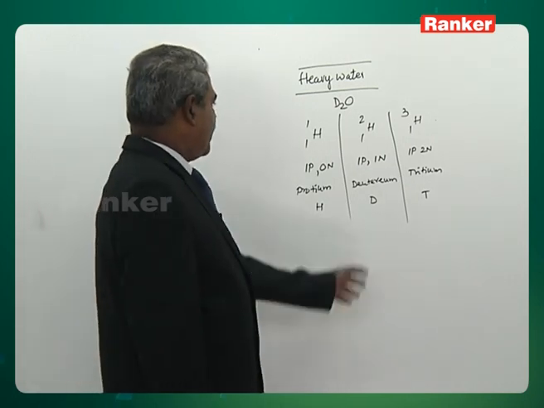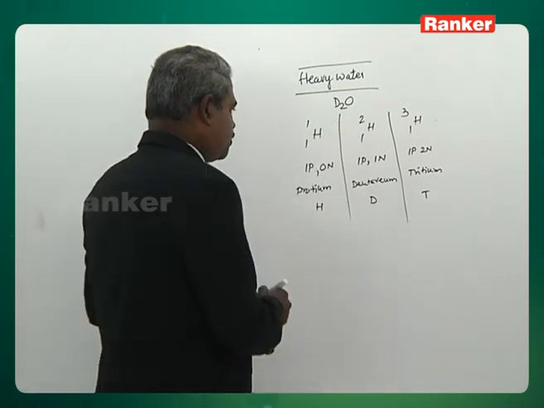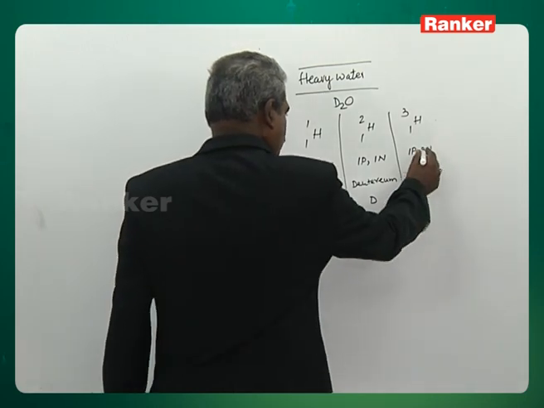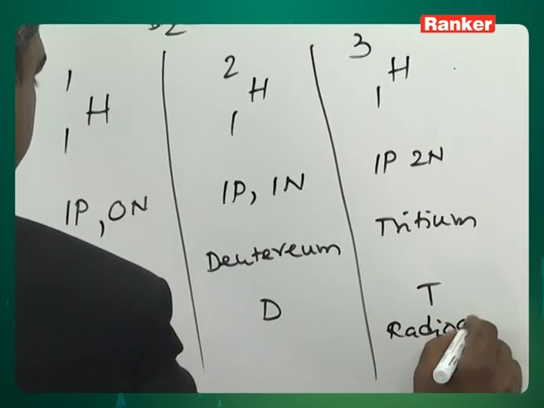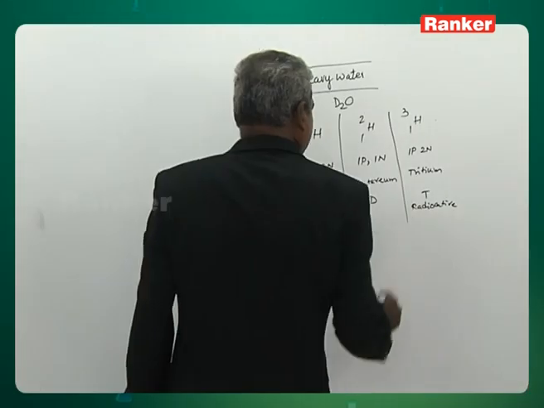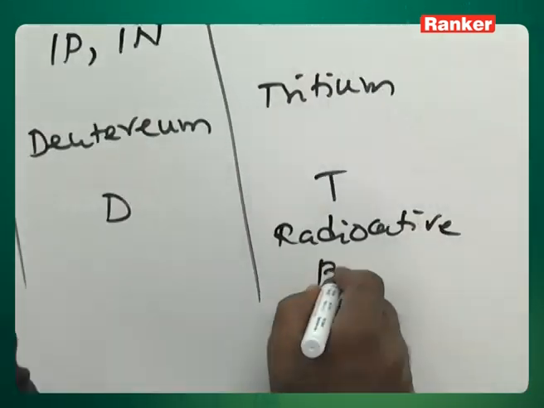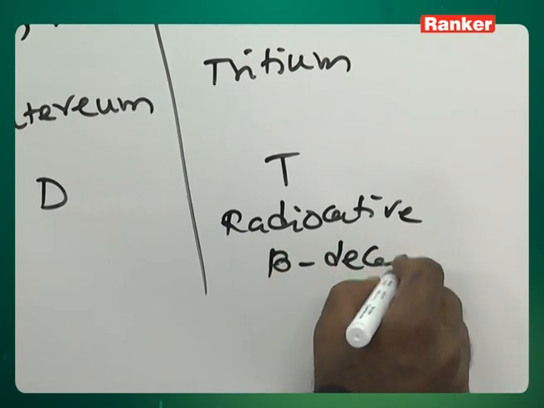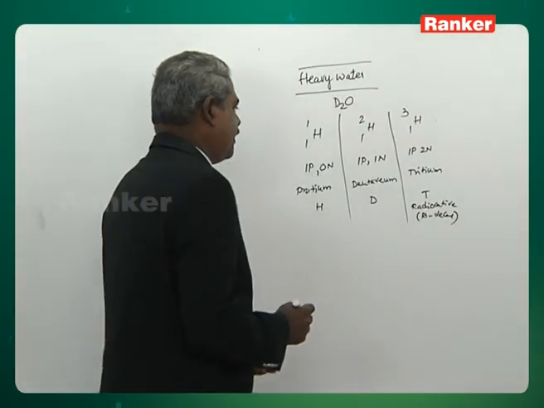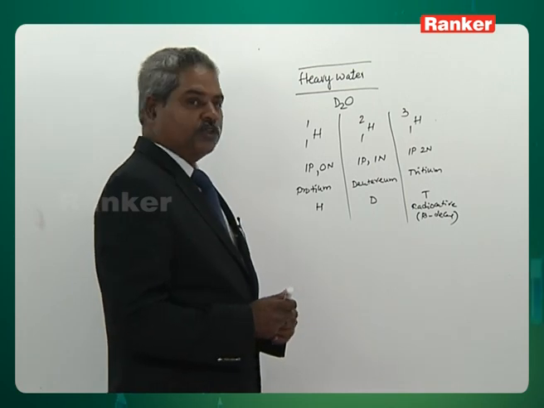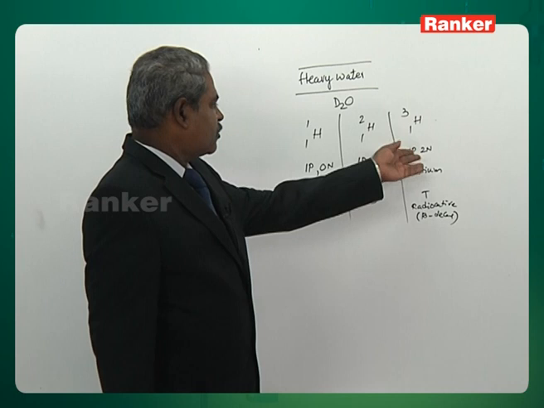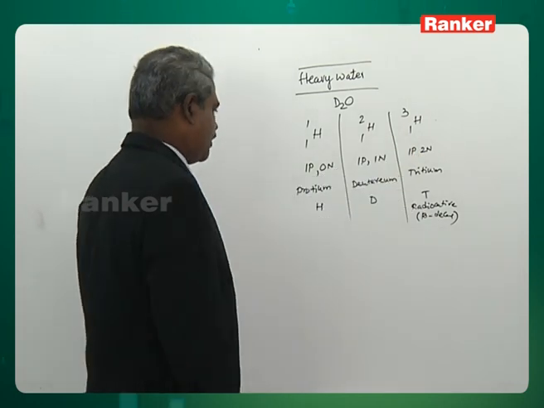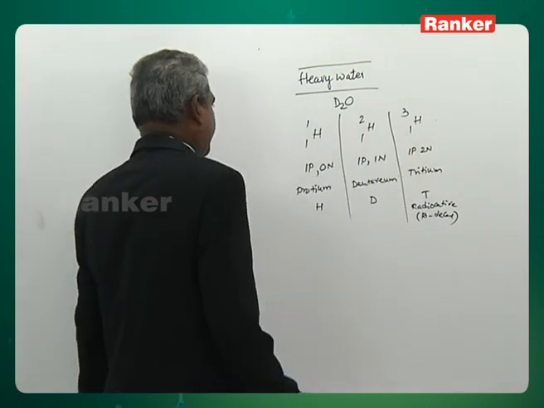The water made of deuterium and tritium, because it has too many neutrons, is radioactive and undergoes beta decay. One of the neutrons is converted to a proton and an electron is sent out, beta minus decay.